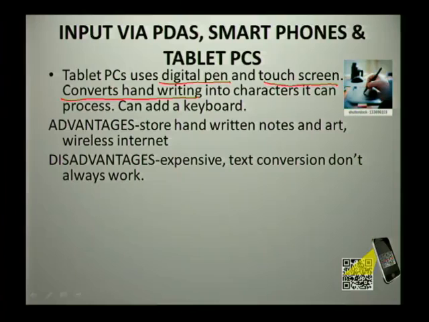So your handwriting will be converted into characters that can be processed into the normal text that you would get on a PC. Now, you can also add a keyboard, which is an extra if you don't want to use the touch screen on your tablet.